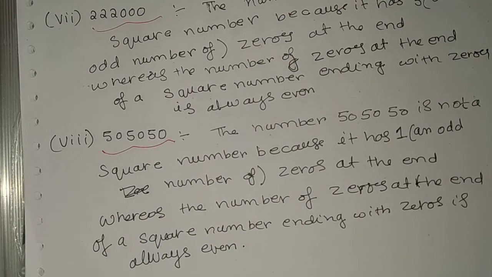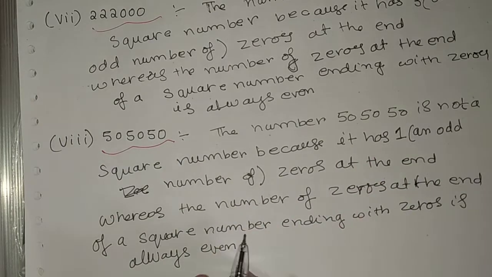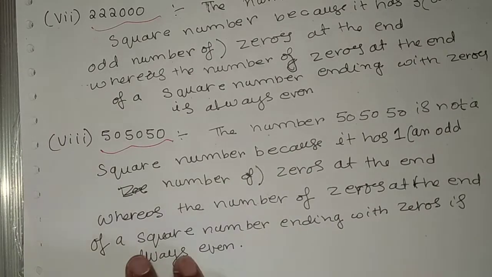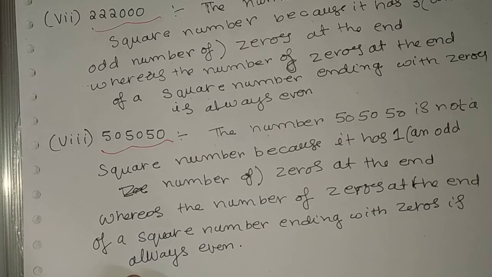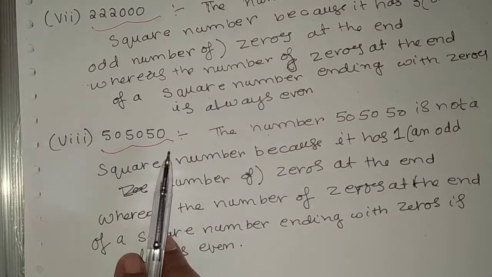So you understood the reason. You should completely write all this. This may carry 2 marks, so you should write all these things: why it is not a perfect square. Here also it is not even. Why? It has an odd number of zeros.